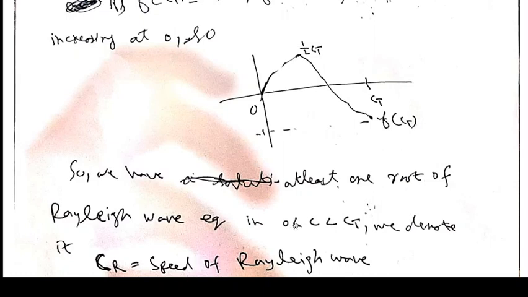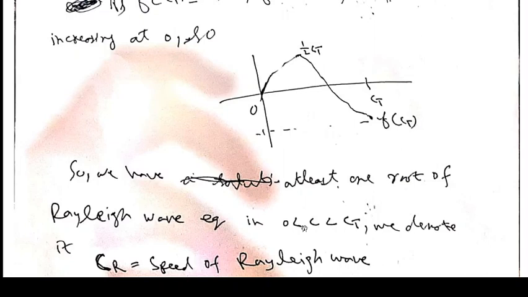This is an inequality, and this is c. Do not mix this c with this symbol and this symbol. You can read it as C is less than Ct and this C is greater than 0.